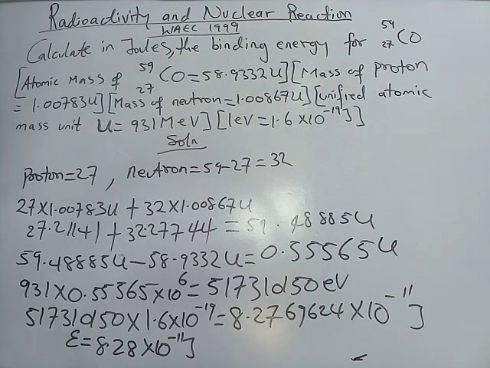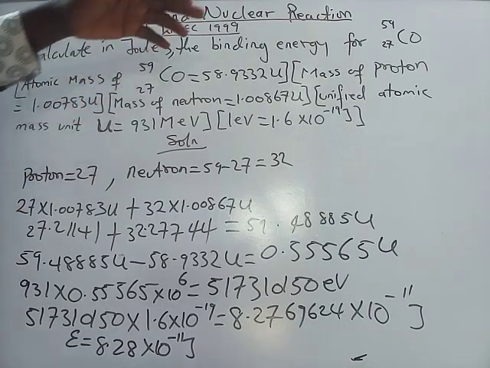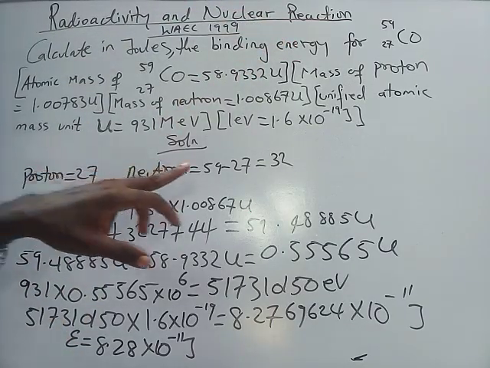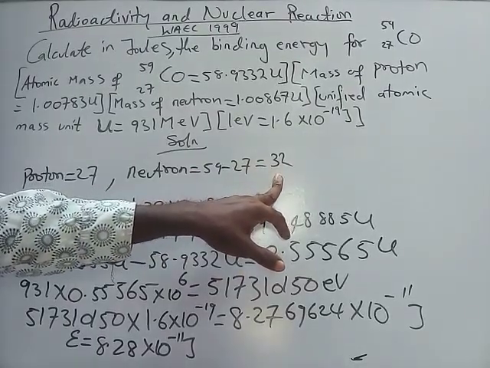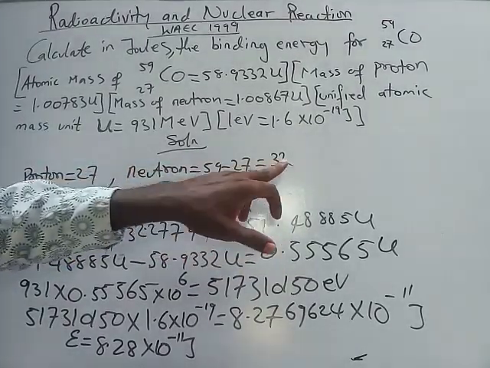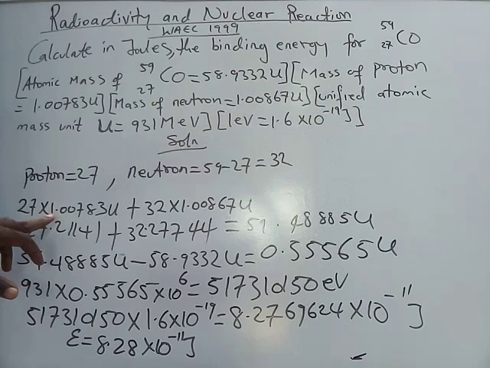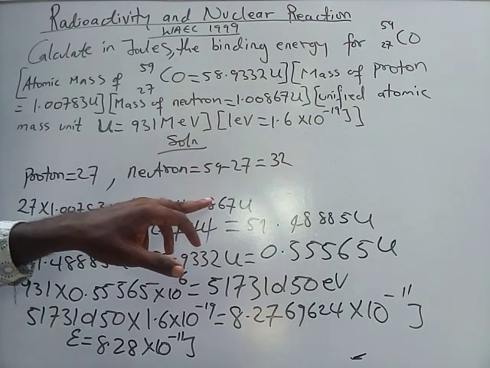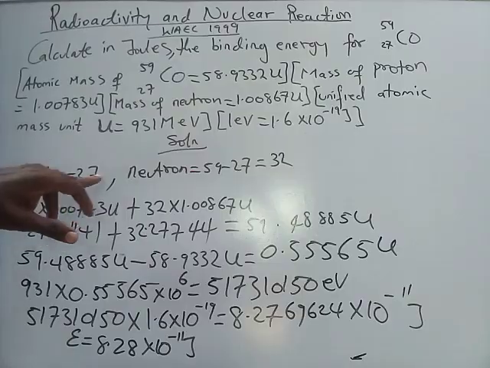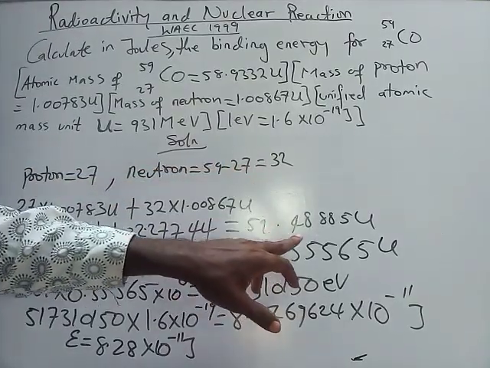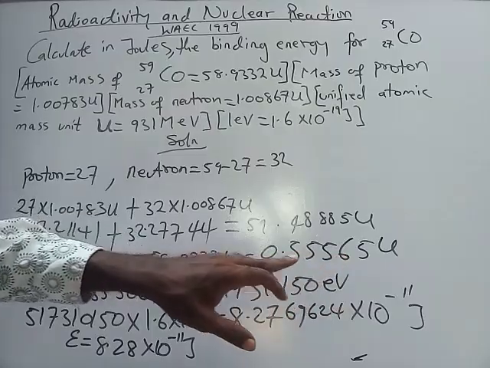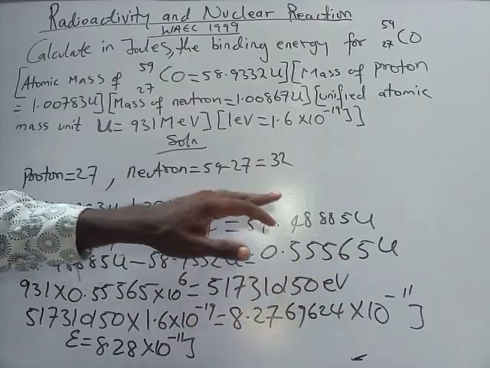Take note, cobalt is made up of 27 protons and 32 neutrons, each proton having a mass of this and each neutron having a mass of this, so the total mass of the 27 protons and 32 neutrons is 59.48885 unified atomic mass units.